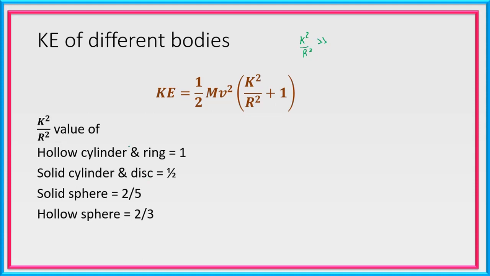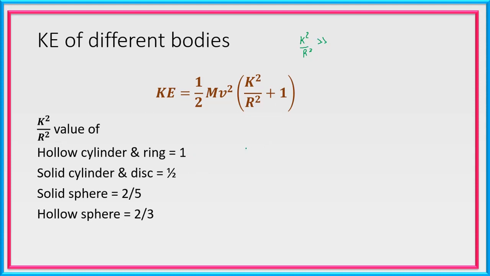That is, when a disc, a ring, a solid sphere and a hollow sphere, which have the same mass and same linear velocity, are rolled, then the body with the highest k square by r square value, that is definitely the cylinder or ring, will tend to have a higher kinetic energy. How can we find the k square by r square value of a hollow cylinder?